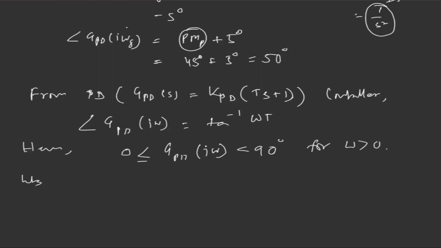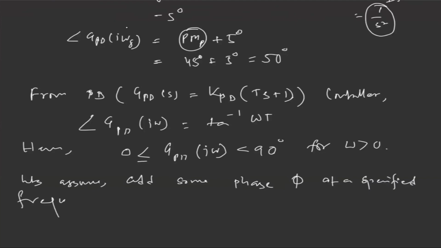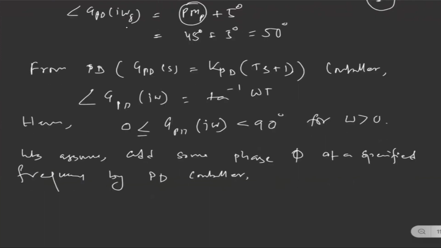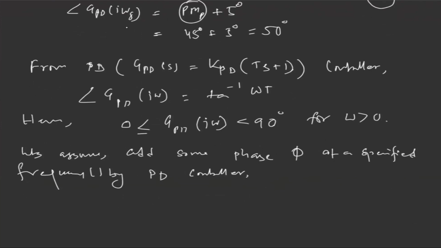Because the PD controller usually adds phase to the system, let's denote that phase by phi, at a specified frequency, some frequency we denote as omega c.